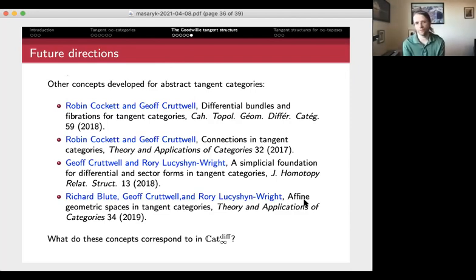For me, the next step is to try to say, what do these look like in the Goodwillie tangent structure? What concepts do they recover? How do they relate to the theory of Goodwillie calculus that has already been worked out to a greater extent? I haven't really made any progress with any of these. I've thought a little bit about connections and tried to understand, for example, what is the curvature on an infinity category, but that's still in very early stages.